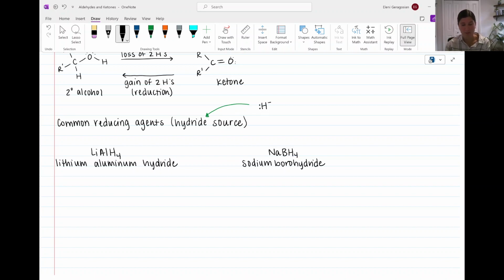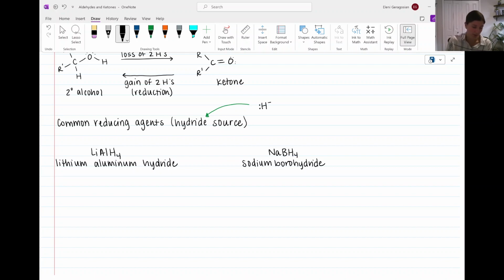You might notice that both of these have an element in the third column, aluminum or boron. It has 4 bonds, and then a counter ion, lithium or sodium, which has a +1 charge.